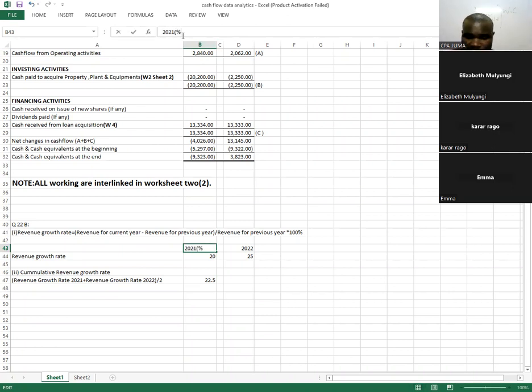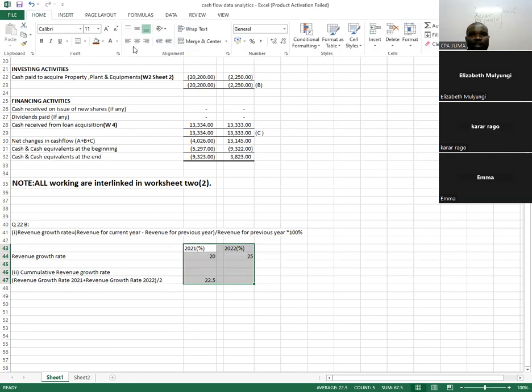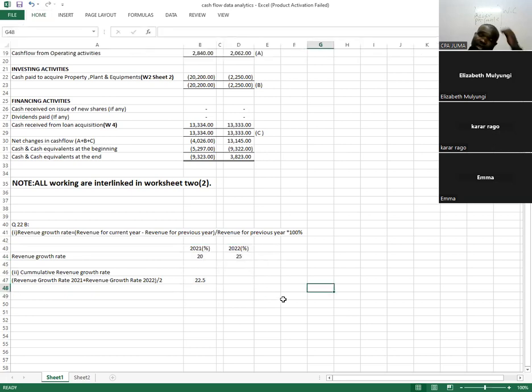They are in percentage form, remember. All of them are in percentages. So, mtu asikuwe na bad argument against you that these figures are for what. You can center all of them, like that. Correct.